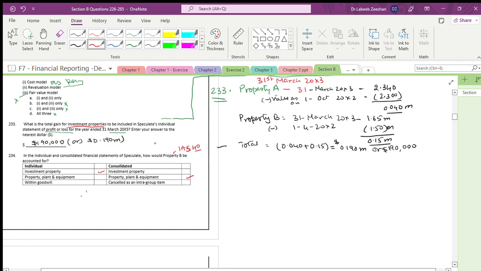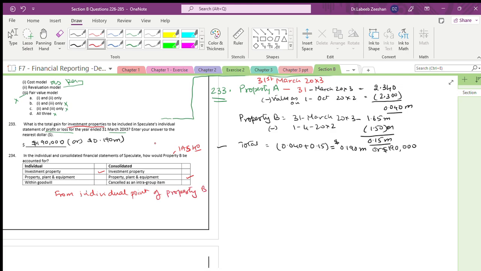From the individual point of view, property B is treated as an investment property.